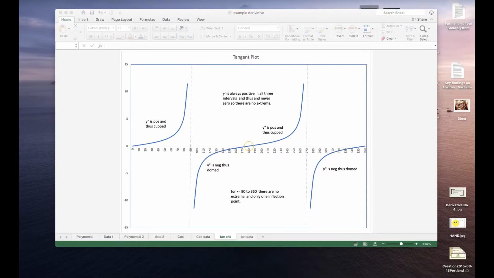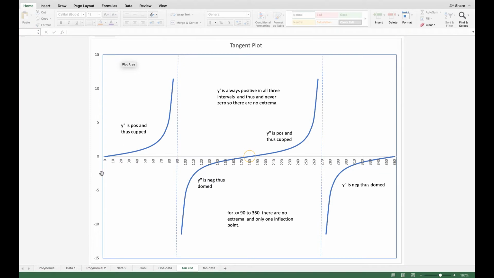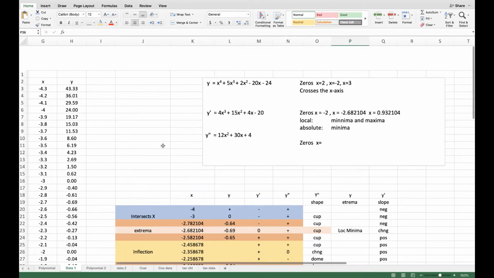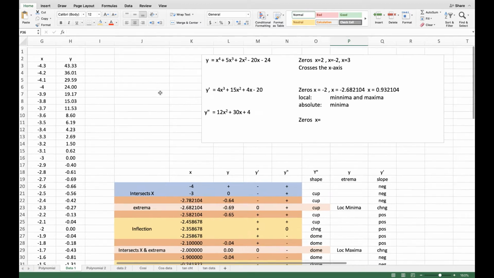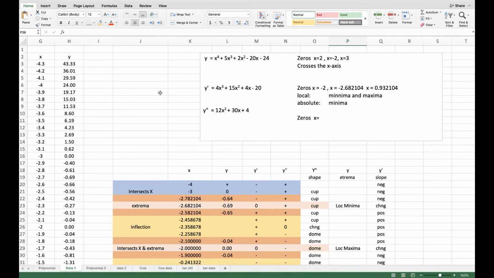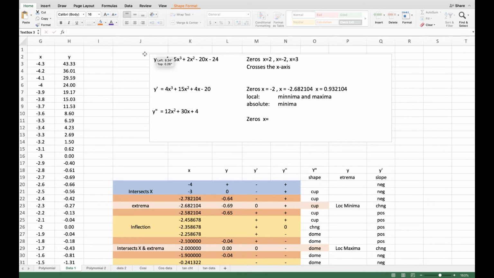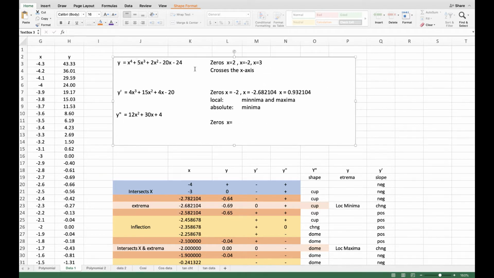Okay, so here we have my spreadsheet, and I've been working on this a little bit. Here you can see this is the function that we were just looking at, okay? And this up here, I'm moving it here so that we can see it better.